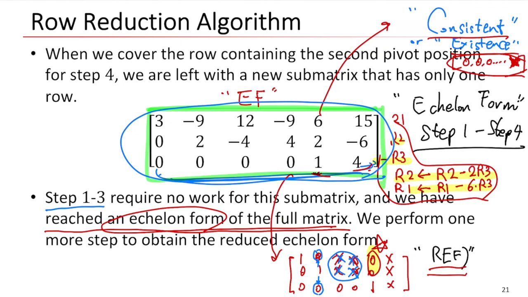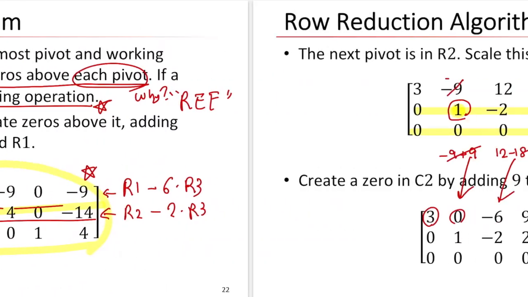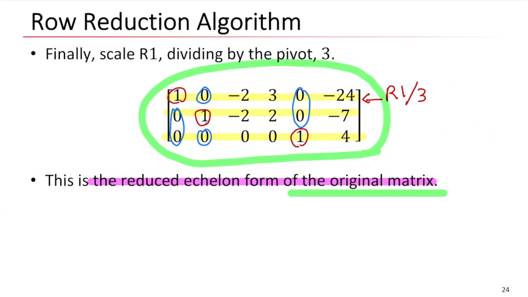So the next question is, is the solution unique or not? Then how can we do that? We have to find the parametric solutions of this matrix. So we need a reduced echelon form like this, right?